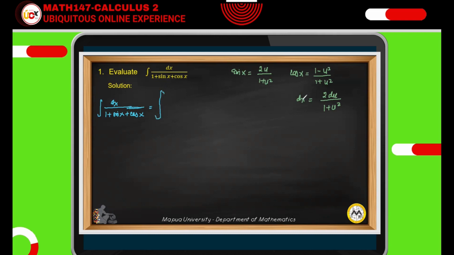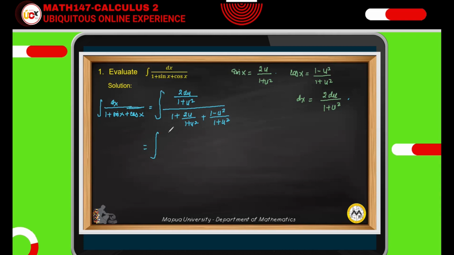For the differential of x, we have 2 times the differential of u over 1 plus u squared, all over 1 plus the substitution for sine of x, 2u over 1 plus u squared, and the substitution for cosine of x, 1 minus u squared over 1 plus u squared. Of course, before we evaluate, we have to simplify the integrand. Let us try to do it.